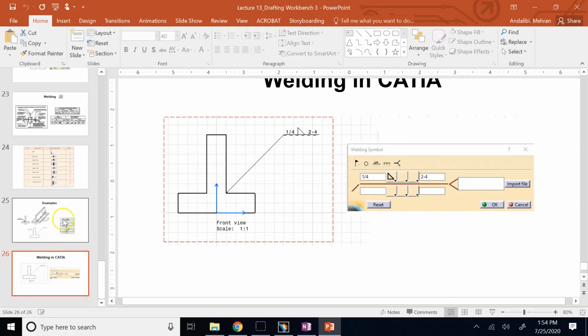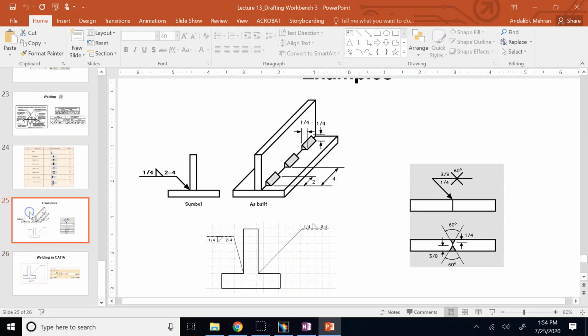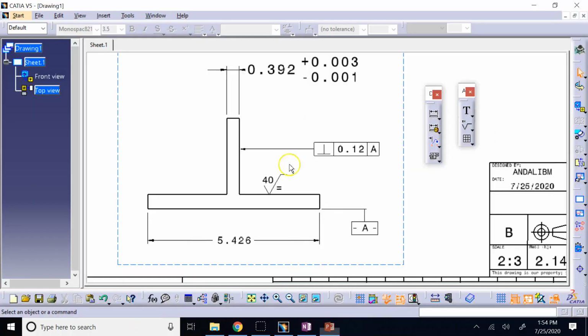Yes? So again, I'll show you a simple example, but by no means do I intend to teach you all about welding. It is just touching the surface. So here, let's say I want to tell the welder, the manufacturer, to weld both corners here and here with a fillet weld of 1/4 inch thickness and then several patches, each one 2 inches and a gap of 4 inches between them. So how do I do it? This is the way you do it.